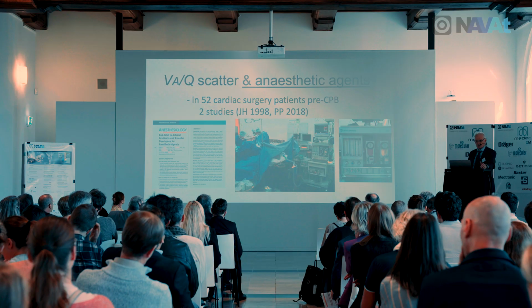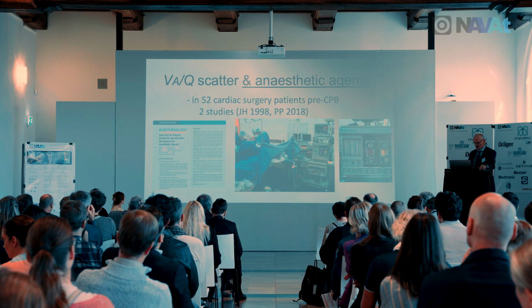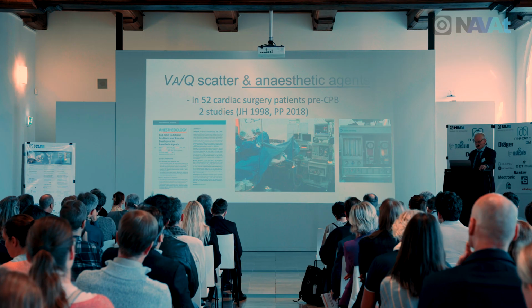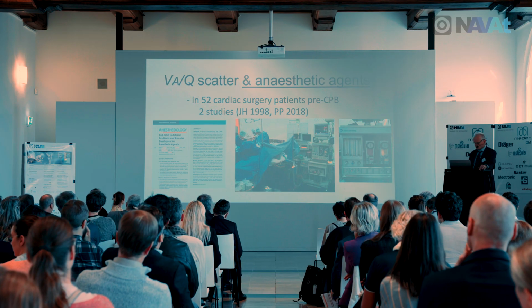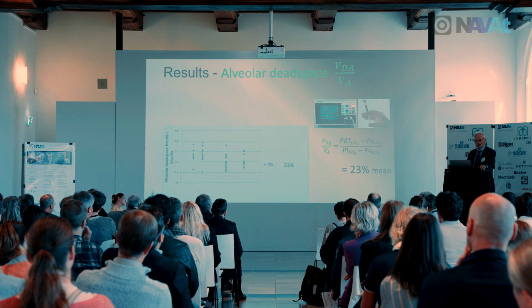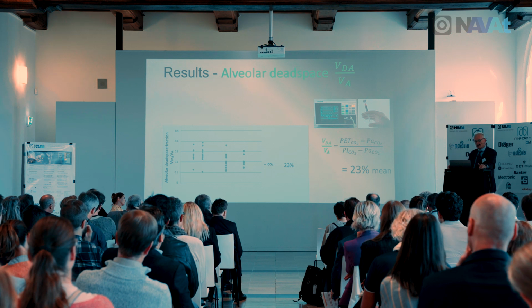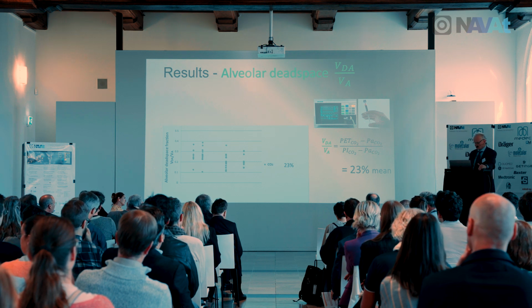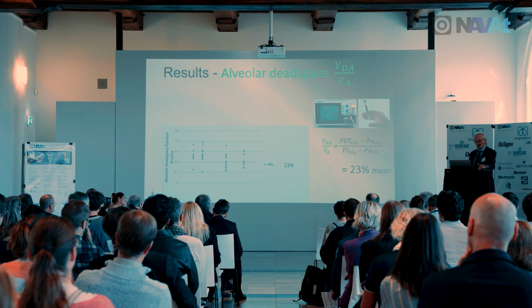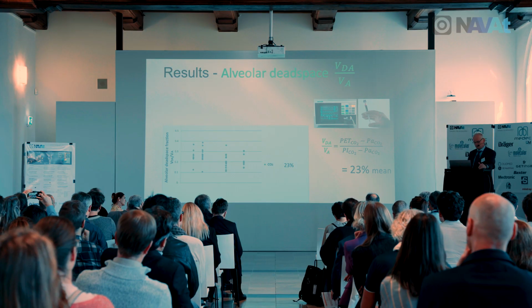However, we showed that in patients under general anaesthesia, in this case two groups of cardiac surgery patients studied by Jan Andre and myself in different studies, whereas we typically measure a Bohr dead space of between 20 and 25% in this population, in fact in our study the mean Bohr dead space was 23%, measured using CO2 partial pressures.